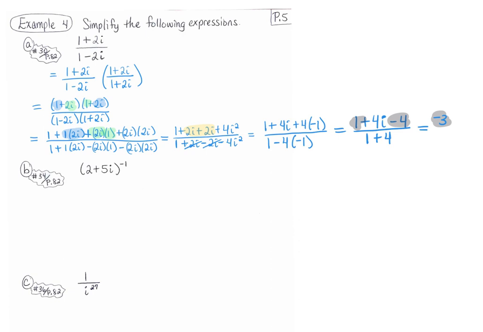Not yet. What else do we have in our numerator? Plus 4i, all divided by 5. Good. So the only thing left that we can do, because we want to write this as a complex number, is -3 over 5 plus 4 over 5 times i.